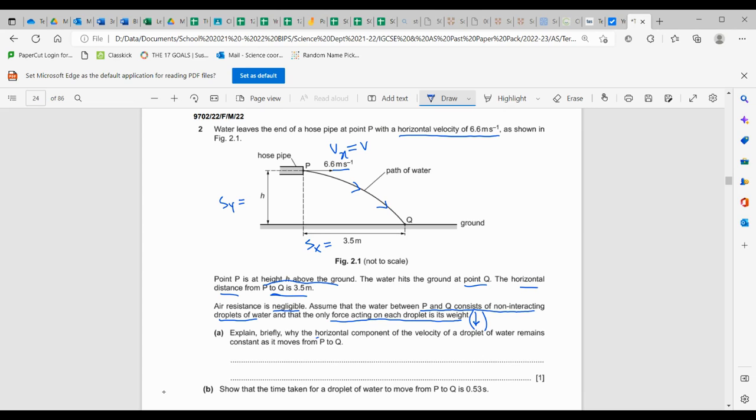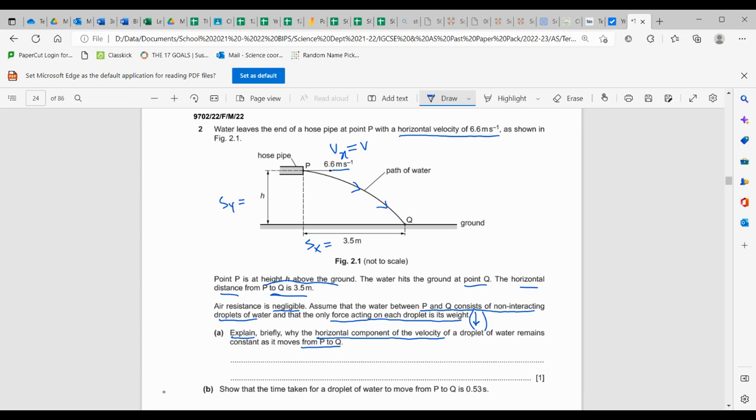Explain briefly why the horizontal component of velocity of a droplet of water remains constant as it moves from P to Q. Just a while back, we spoke about having negligible air resistance, and we said that negligible air resistance would mean that the horizontal component of velocity remains constant. Now, here we have to explain why that is so. So, for that, we will quickly look at how velocity would even change.